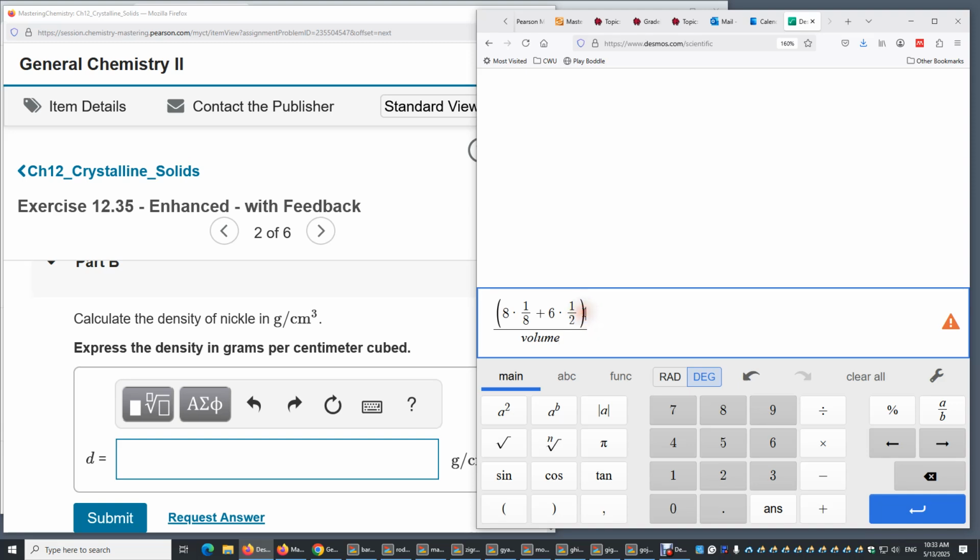And how much does 1 nickel atom weigh? Well, we know 1 mole of nickel atoms weighs 58.69 grams. But that's 1 mole of nickel atoms. We need to divide this by the Avogadro constant.